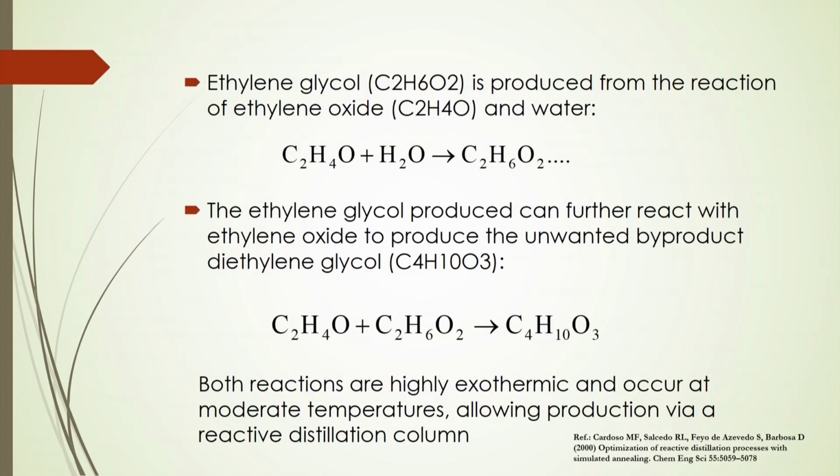Now, what are the reactions taking place in this particular reactive distillation column? In this case ethylene glycol is produced from the reaction of ethylene oxide and water. Ethylene oxide plus water gives ethylene glycol, this equation is given here, and the ethylene glycol produced can further react with ethylene oxide to produce the unwanted byproduct, diethylene glycol.